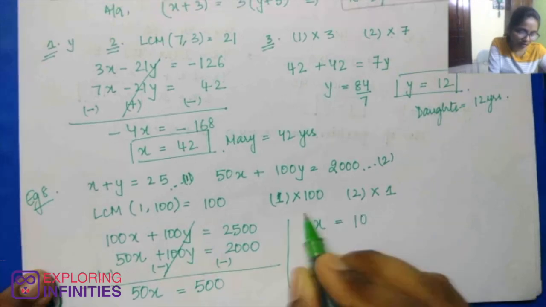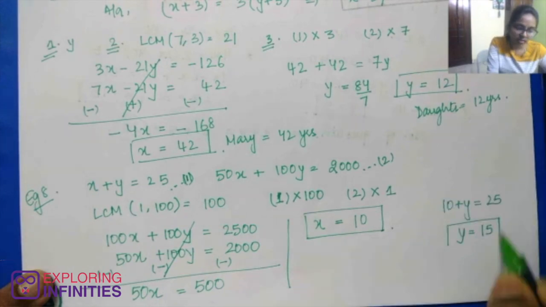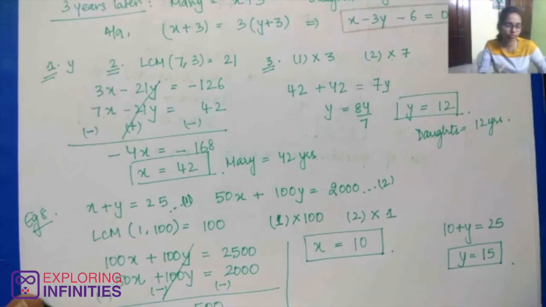When my x is equal to 10, I just substitute in my first equation, which is the easiest. So 10 plus y is equal to 25, and I have my y as 15. So this is how you solve using the elimination method. For word problems, whatever equations you get, you can use either the substitution method or the elimination method.